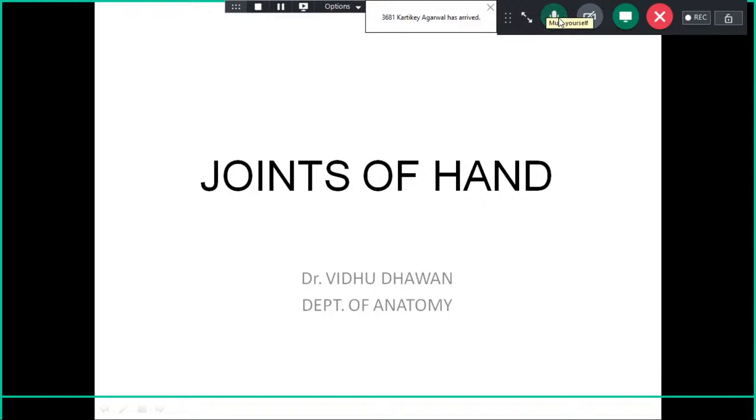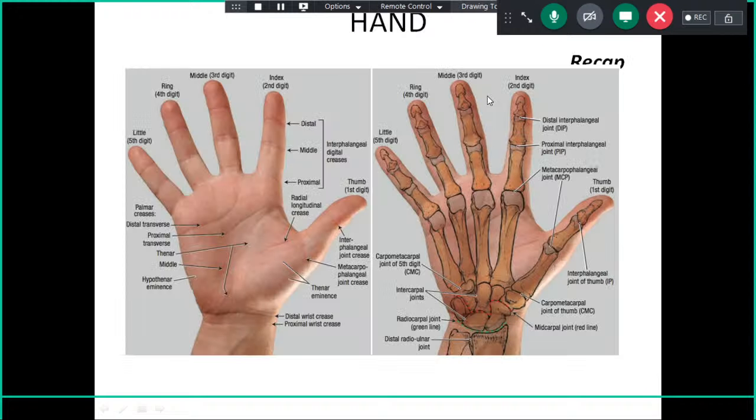Okay, so let's start with today's class, talking about the hand. You already had a little bit when you had your lecture on the forearm and the hand, the front of the forearm, the palmar surface, and the back of the forearm, as well as the dorsum of the hand.